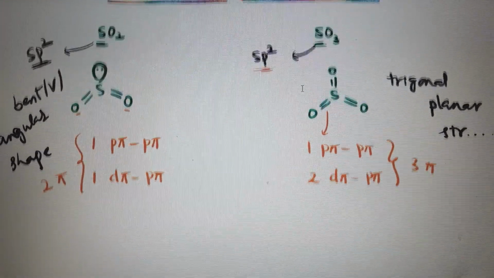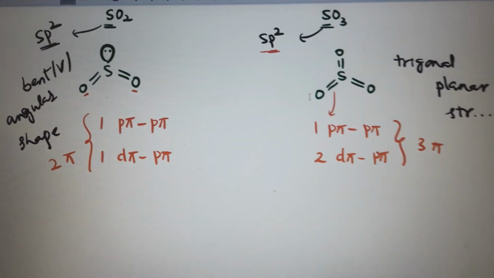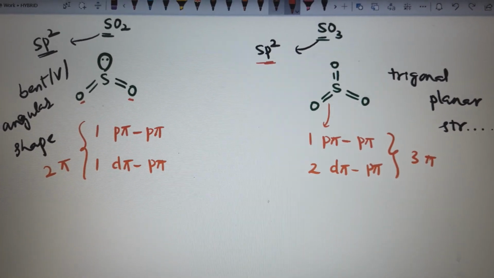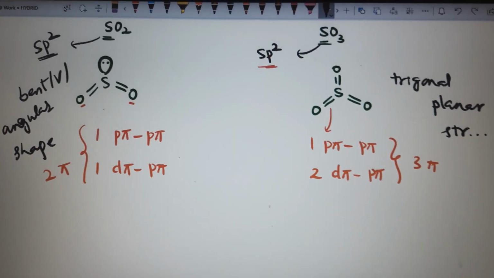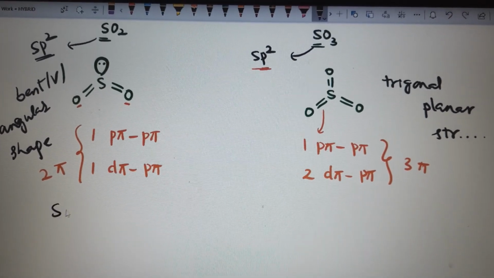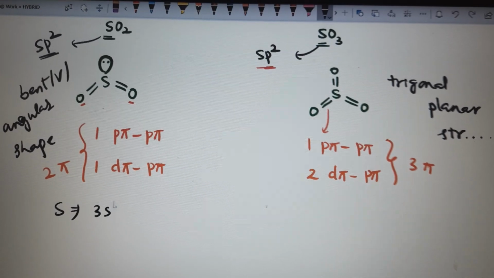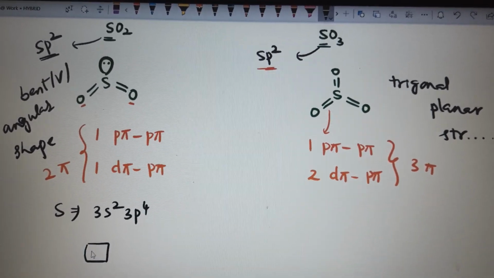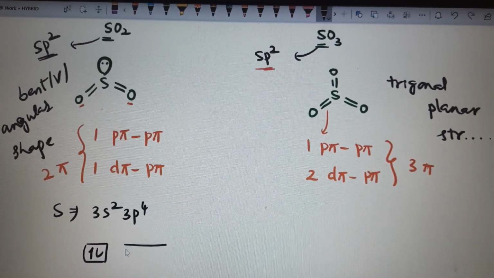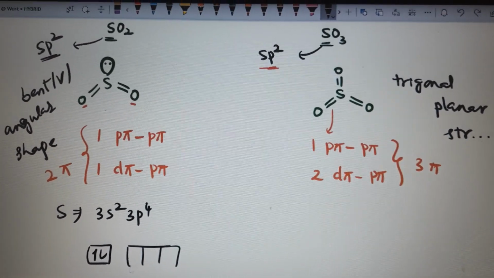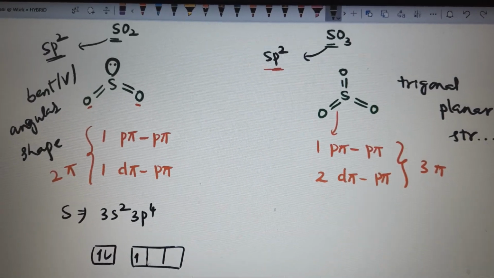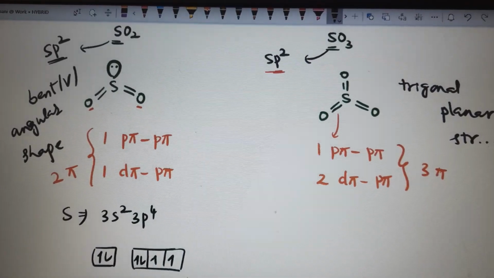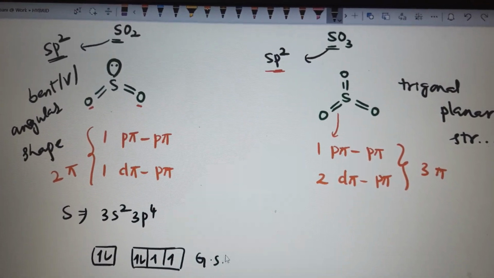Now, a more clarified explanation of SO2 and SO3, and how pπ and dπ-pπ bonds form. Hybrid orbitals can form sigma bonds. Sulfur's outermost electron configuration is 3s2 3p4; this is the ground state configuration.